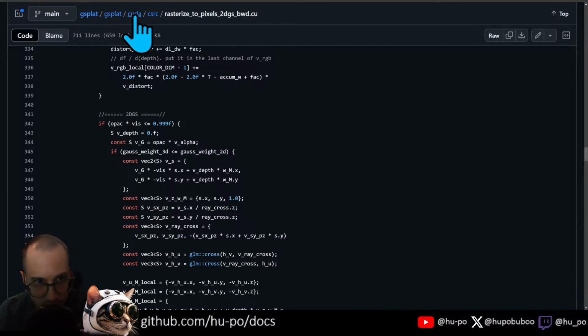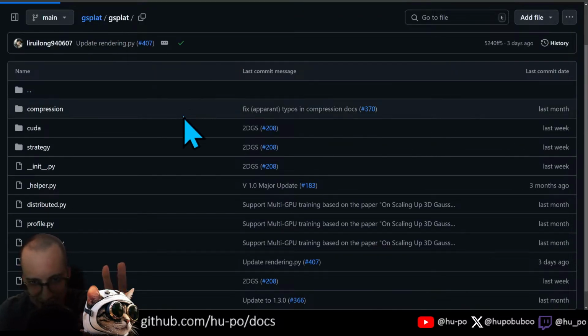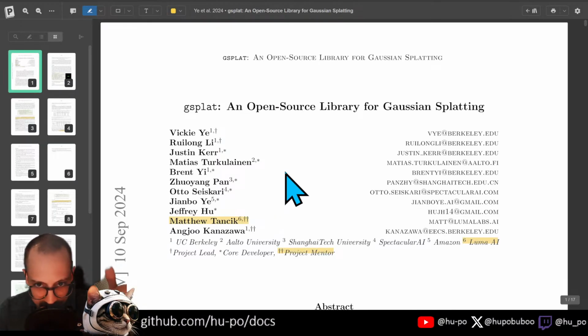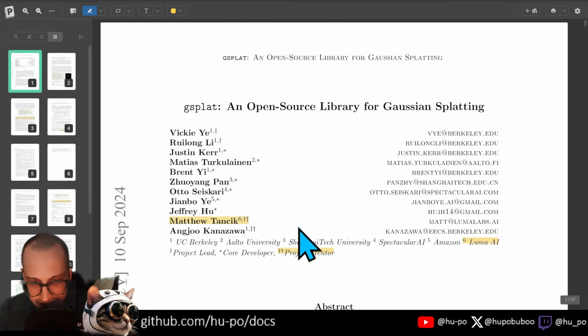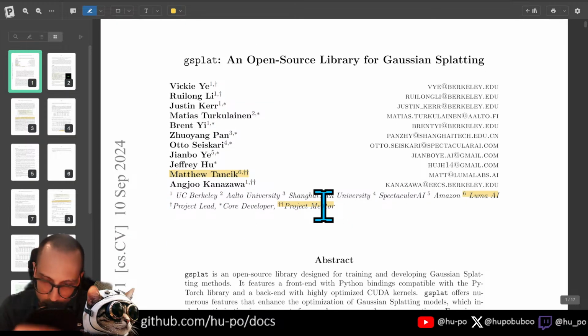Because before you had to use other people's CUDA code that wasn't open source, so it was sketchy whether you could be using it. But now finally we have a full open source implementation with all the CUDA stuff in there, and sometimes you have to be careful because sometimes the repos that were open source were made by one person, and one person making a repo is never going to be as good as a joint effort, and especially a joint effort with these type of backgrounds.